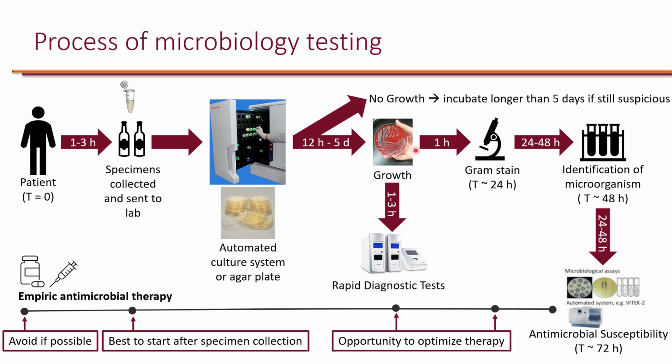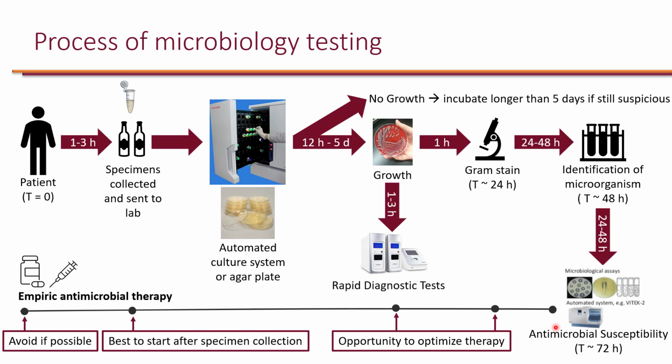Once we get rapid diagnostic results, that's your first opportunity to optimize treatment. Based on what you find, you may be able to change the antibiotics to have something that's better for the patient. The same with gram stain results, you can change the antibiotics.